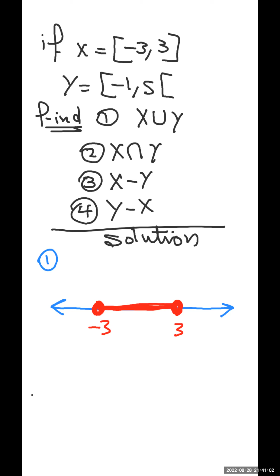Now represent the interval of Y. Another number line for Y, like this. It's -1. Logically, guys, by default, where is -1? Is it on the left side of -3 or the right side?